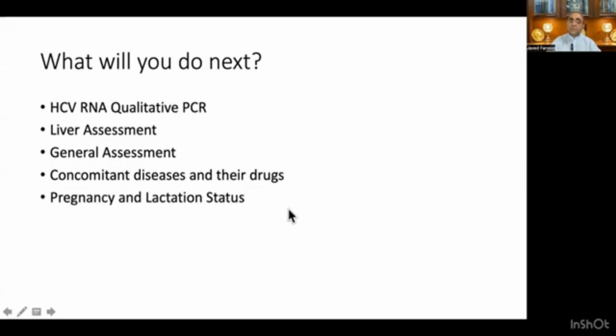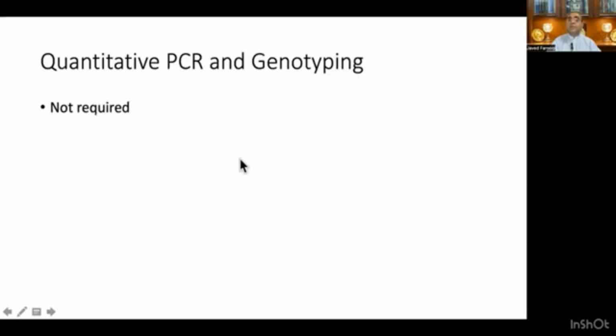And of course, if the patient is pregnant or lactating, in that case also you check these patients for the status, in the married lady, whether the patient is pregnant or a lactating mother. And of course, patient counseling is very, very important, so that the patient understands what my problem is and why the treatment is important. Quantitative PCR and genotyping are simply not required, because now we have pangenotypic drugs and the viral load does not matter.